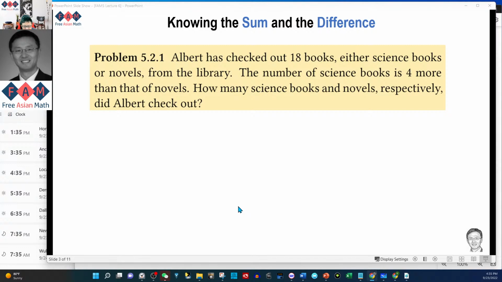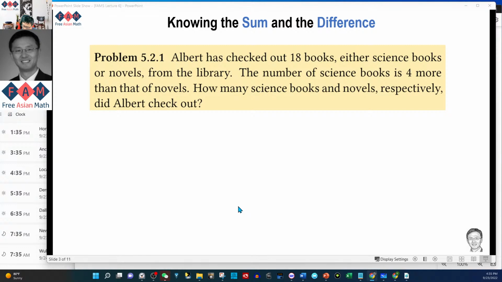Those books are either science books or novels. So in this case, we know the total or the sum of the two types of books. And then the number of science books is 4 more than that of novels. In other words, the difference between the number of science books and the number of novels is 4. So how many science books and novels, respectively, did Albert check out?